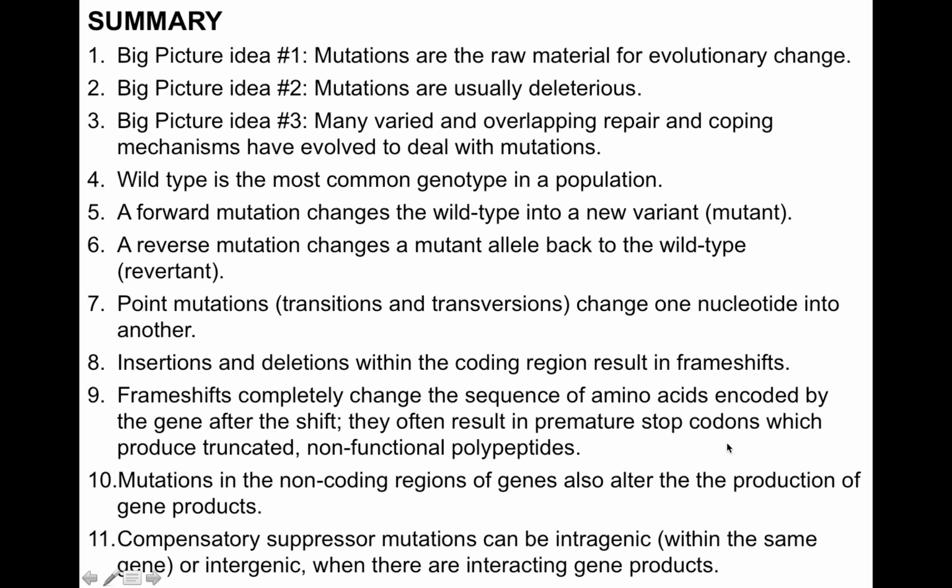They often result in premature stop codons, which produce truncated and non-functional polypeptides. Mutations in the non-coding regions of genes also alter the production of gene products. And finally, compensatory suppressor mutations can be intragenic within the same gene or intergenic when there are interacting gene products.